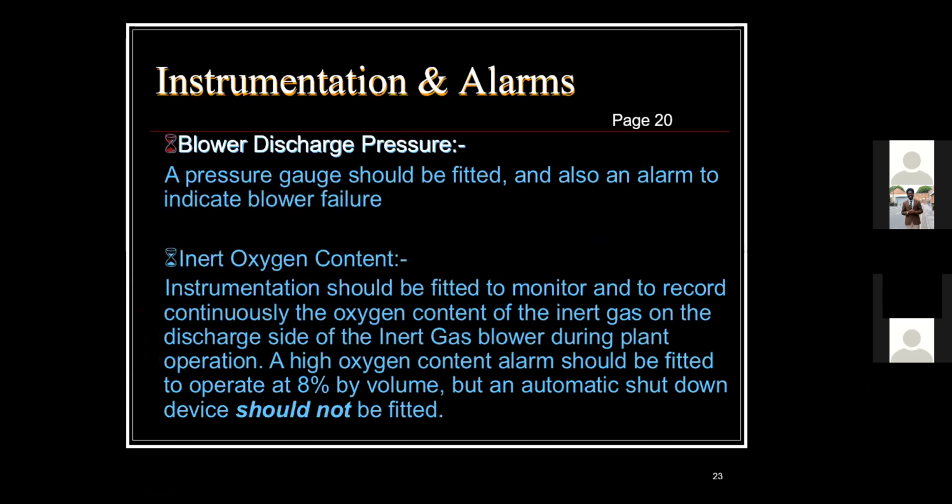There's a pressure gauge that is always fitted, as I said. It gives you an audible and visual alarm to tell you when the blower discharge pressure is very low, or when there is an abnormality in the discharge pressure.